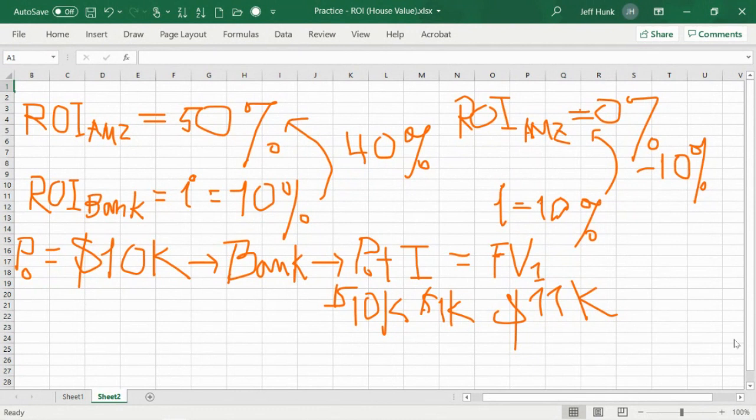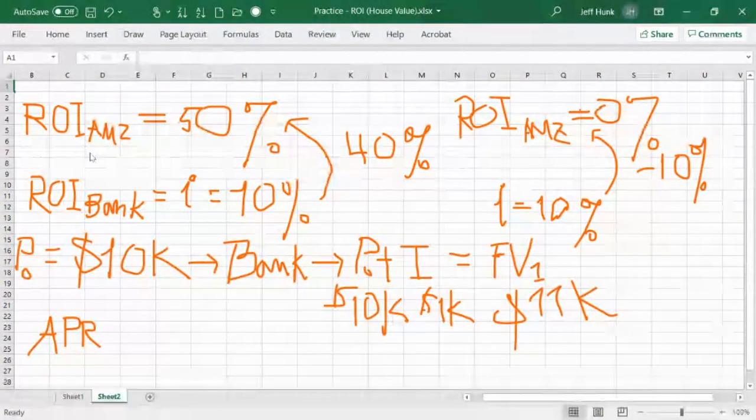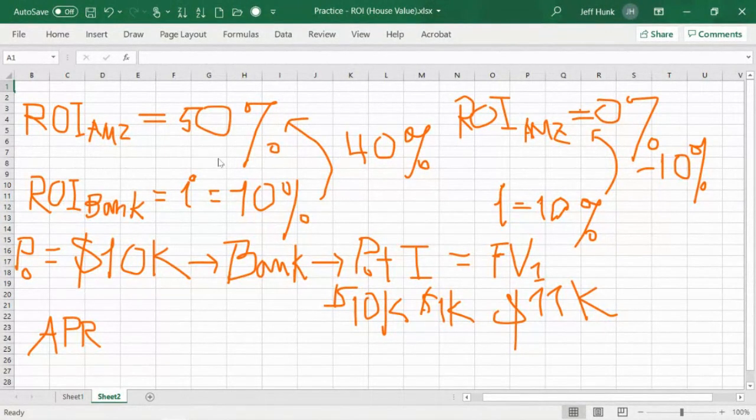the interest rate is always quoted as an annual rate. So it's called APR, annual percentage rate. Also, the return on investment is basically expressed as annual, the annualized rate of return.